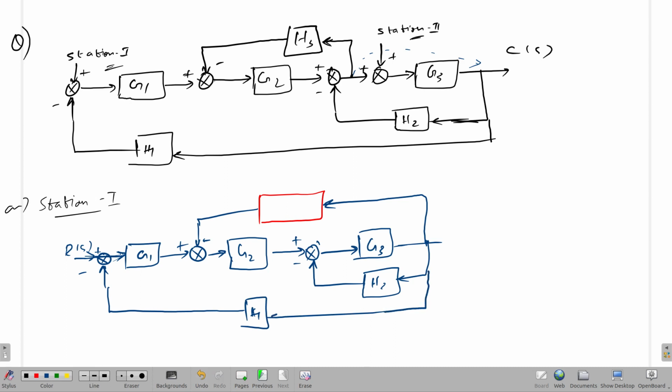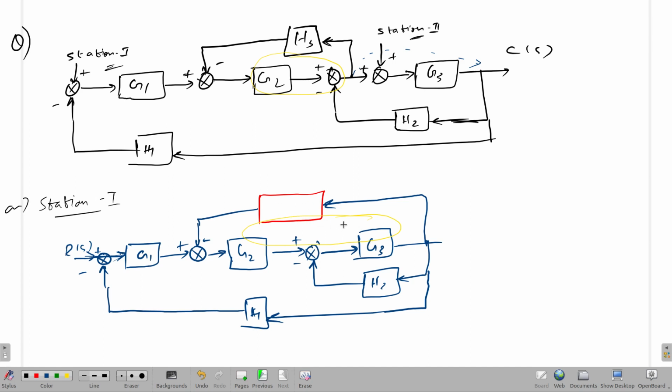Okay, so when you are moving this takeoff point to here, what is happening? Earlier the loop was like this. It was G2 H3. Now the loop is like this, that is G2 G3 and whatever is coming here.